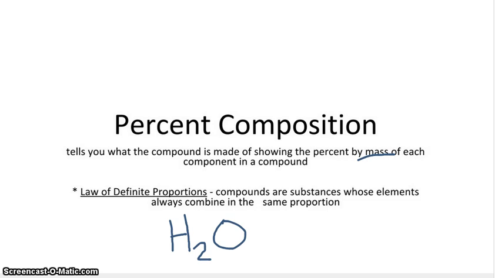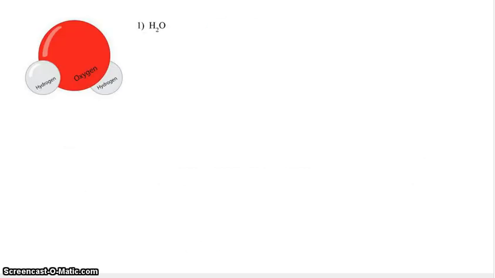Let's go ahead and write this down in our notebook, on the page given to you by your teacher. The first example we're going to look at is water. We know it is H2O, and there's a model showing us that we have our two hydrogens and one oxygen. This shows us that based on their size or their mass, oxygen is much larger than hydrogen.